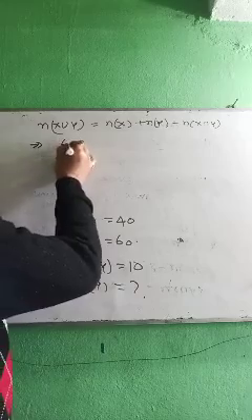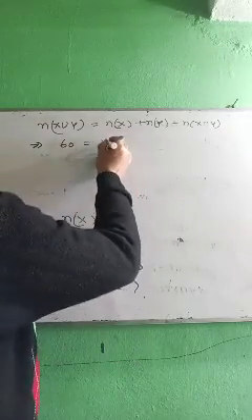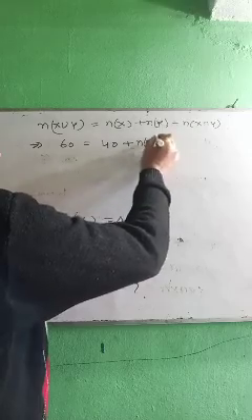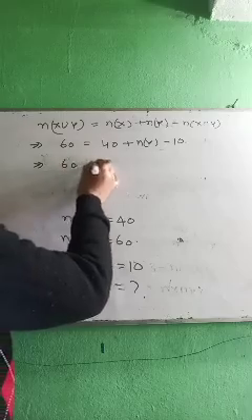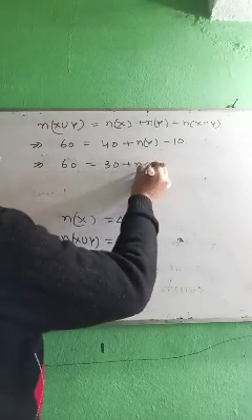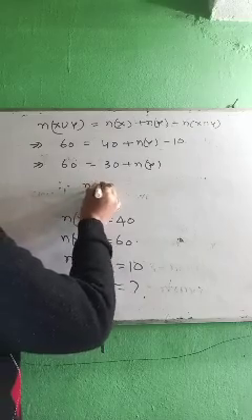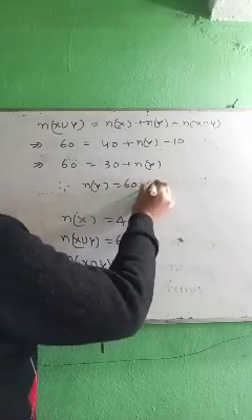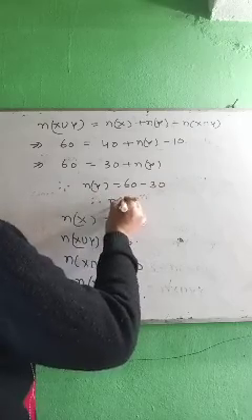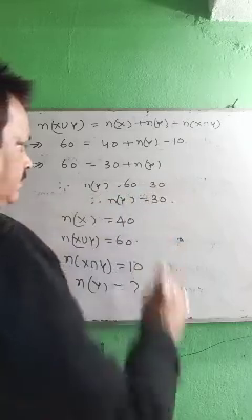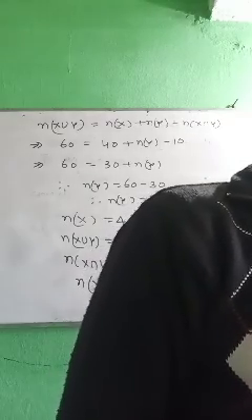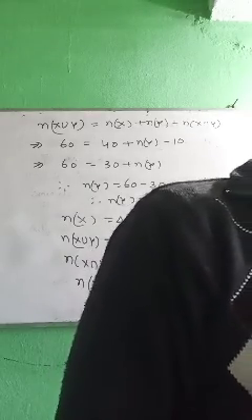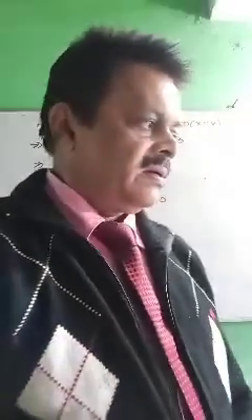This is 60, 40 plus n(Y) minus 10. So 60 equals 30 plus n(Y). Therefore n(Y) equals 60 minus 30, 30 elements. Got the point? Okay. If I go to question number 7, simple questions are there, not to be worried about.